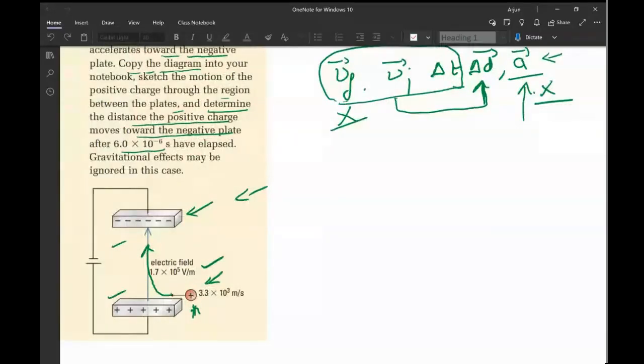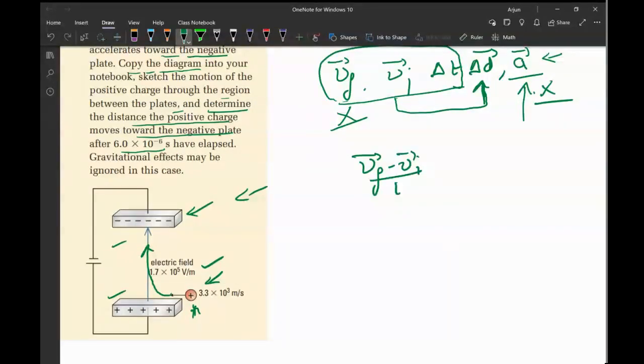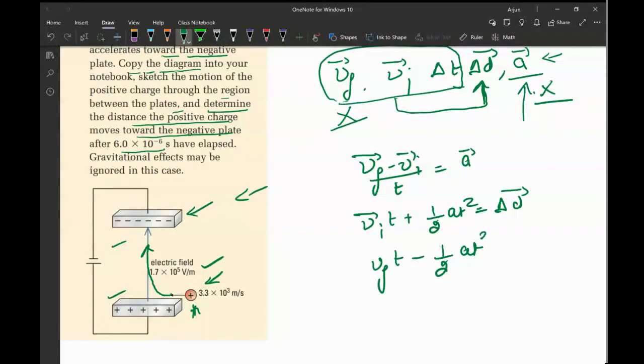So there are five formulas which make equations around the kinematics. One is v final minus v initial divided by time is equal to acceleration. Another equation is v initial times time plus half a t squared equals delta d. The third equation is v final times time minus half a t squared, which is equal to delta d also.